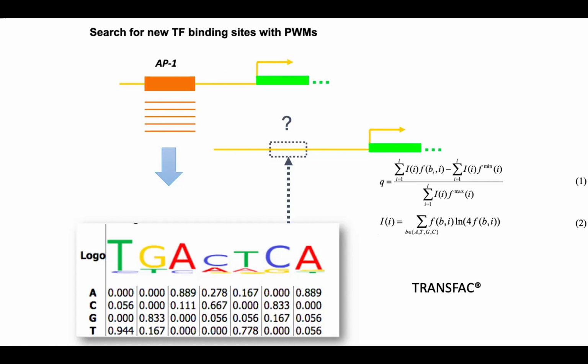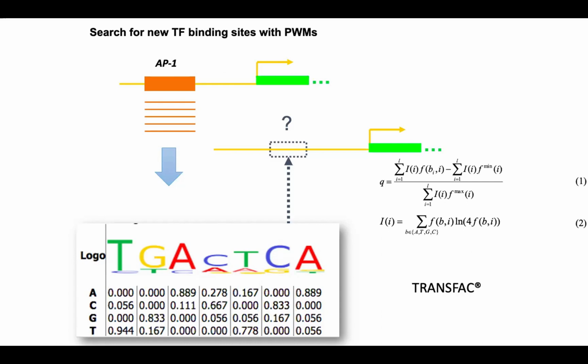In our experience, this information content really gives emphasis to the conserved nucleotides in the sites, and in many cases it works better than just summing up the weights or using some logarithmic scale or other methods.